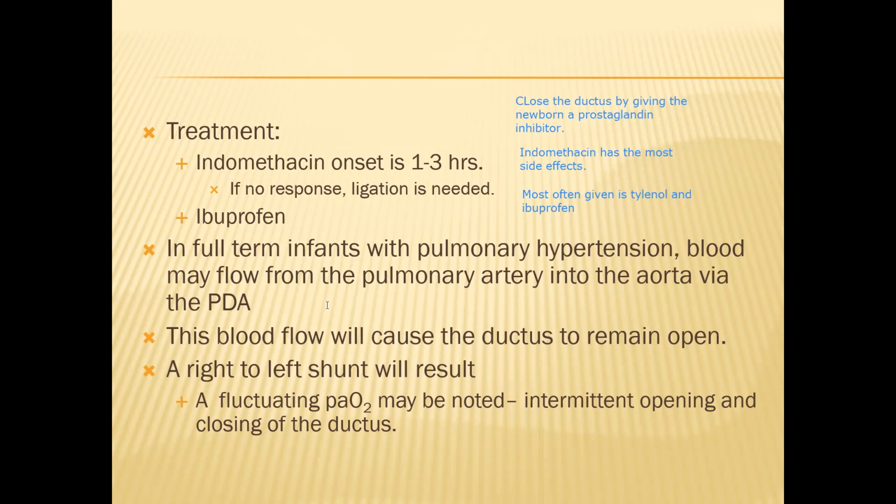If you have really high pressure in the pulmonary vessels, the blood's going to flow into the aorta. So typically with just a pure PDA and you don't have pulmonary hypertension, you've got left to right. But this is describing right to left, when you have pulmonary hypertension. Let me put some brackets around it.